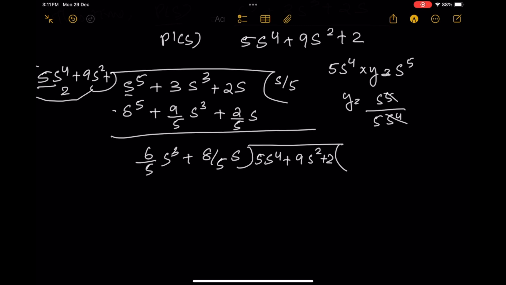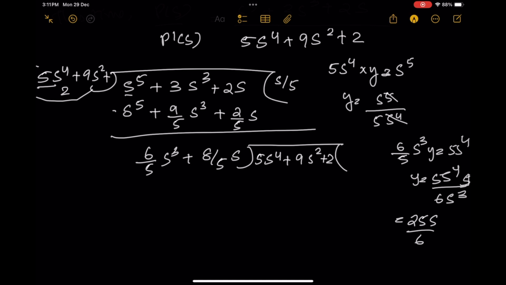Now we have to repeat this process over and over again. This value, 6 by 5 s cube, is to be made equal to 5s raised to 4, so the multiplier is 5s raised to 4 divided by 6 by 5 s cube, which is 25 by 6 s.